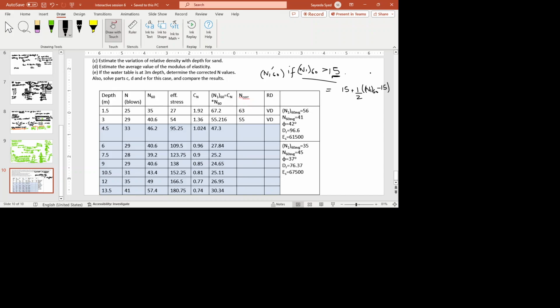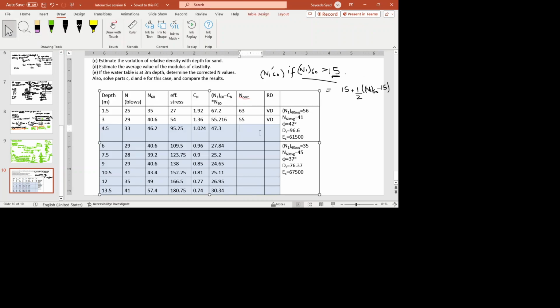15 plus 7.5 plus N160 by 2. So N corrected after rounding off will be 31.